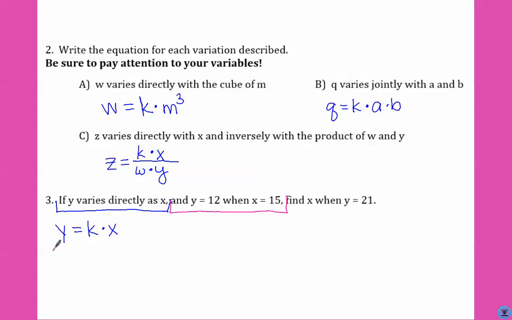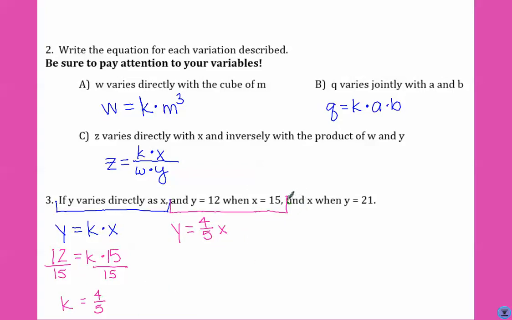So let's plug those in. 12 equals K times 15. We're going to use this information to find K. So divide by 15, divide by 15. We get that K equals 4/5. And now we can rewrite our equation. So now we know specifically for this situation, Y equals 4/5 X.